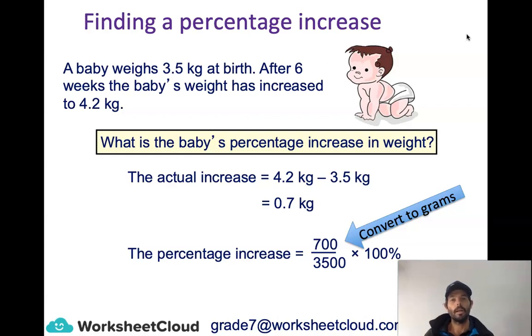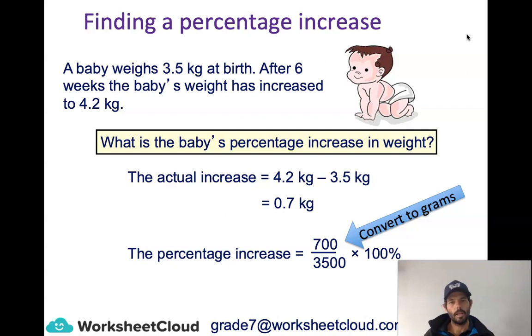Otherwise I'd have 0.7 divided by 3.5, and that for me just creates a little bit of confusion, and there's also a larger opportunity to make errors if we're dividing by decimals. So just convert them. We all know 1,000 grams in a kilogram, so 0.7 multiplied by 1,000 is 700, and 3.5 multiplied by 1,000 is 3,500.